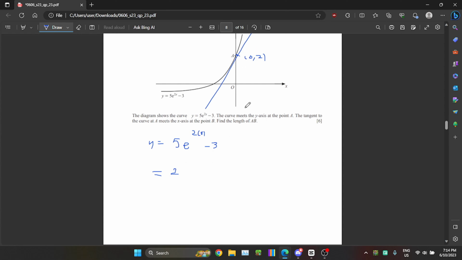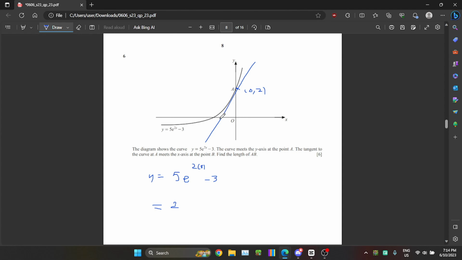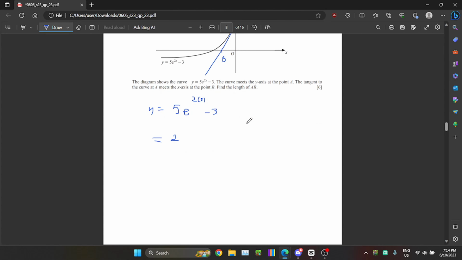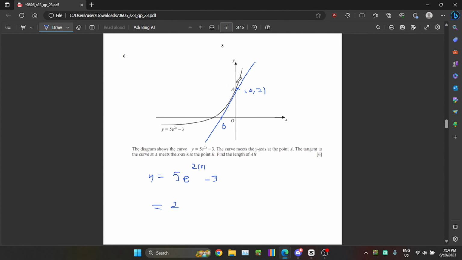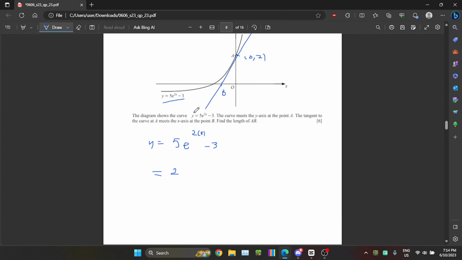I want to find the length of A to B. So this point where it crosses the x-axis is point B, right? So to do this, oh man, it's differentiation. It's my favorite, okay. So whenever you have a tangent of a curve, you can find the gradient of the tangent by differentiating the equation of the curve.